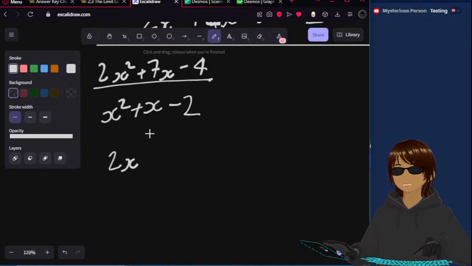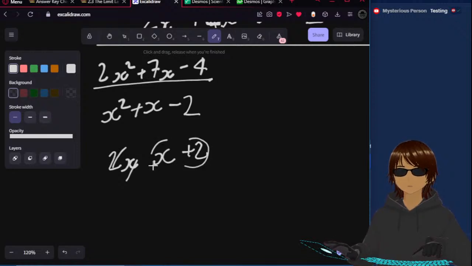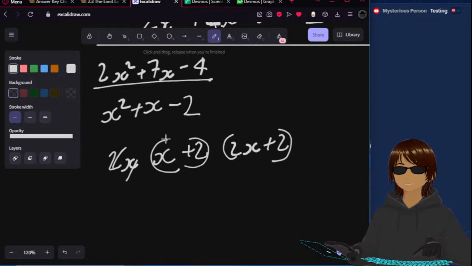There is a common factor. Hold on. X. This is wrong, but 2x squared.